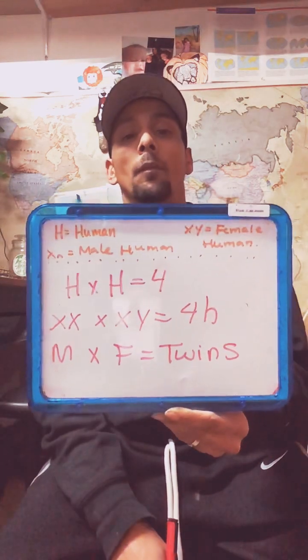these equations are so common in life that we see it. Doctors definitely see it on a daily basis. Okay. X times X Y equals 4H. Or male times female equals, boom.